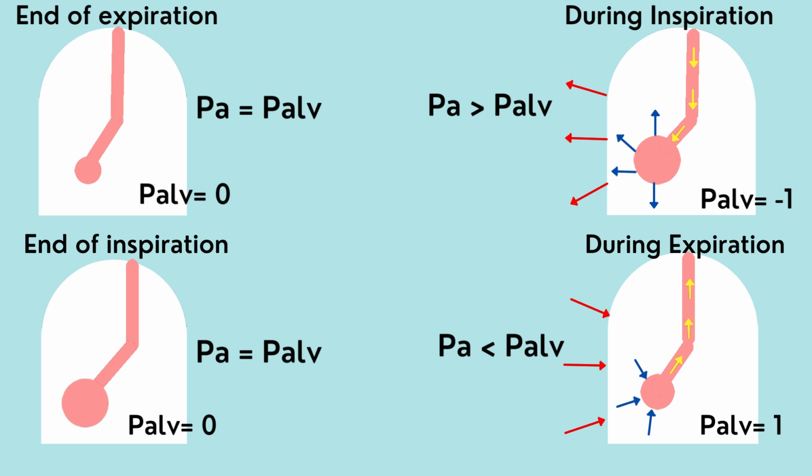So now the alveoli are going to distend, and when the alveoli increase in volume, the pressure is going to decrease, so it becomes less than your atmospheric pressure. Atmospheric pressure is 0 centimeters of H2O, and so now your alveolar pressure is going to become minus 1 centimeter of water, which is less than 0. So now air is going to rush in.